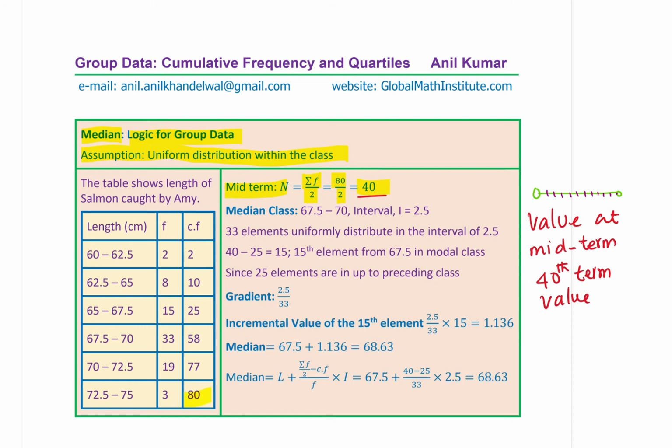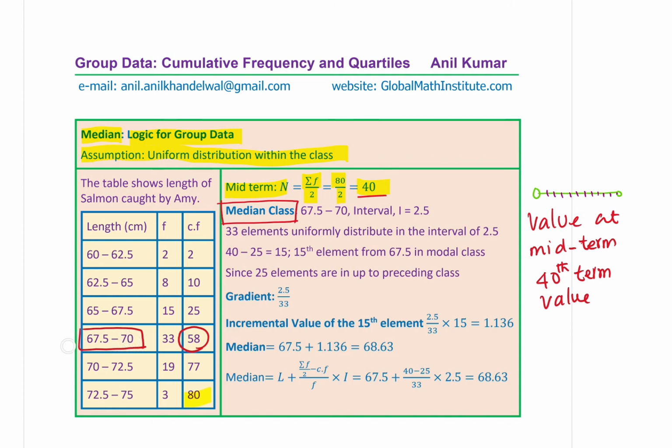Now, how do we figure this out? From cumulative frequency, we find that the 40th term should be in the interval 67.5 to 70. So the 40th term lies in this particular interval. This interval is called the median class. We know for sure its value will be greater than or equal to 67.5 but less than 70.